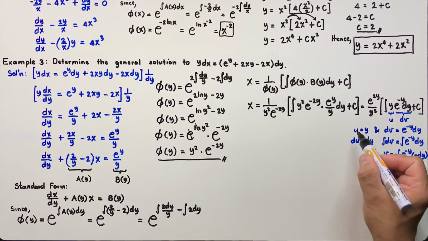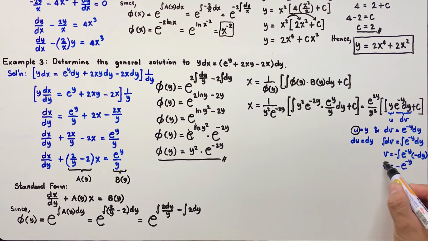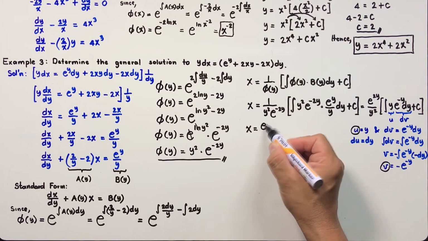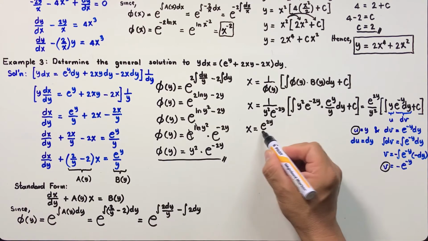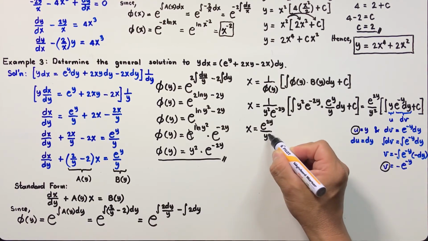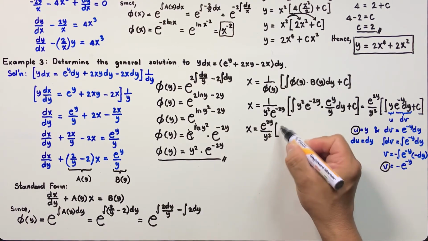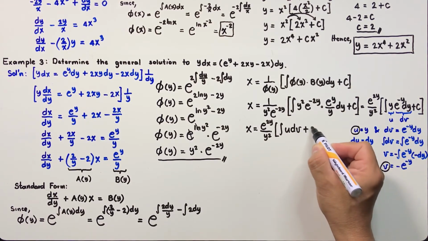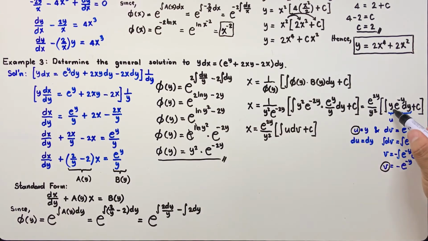So substituting our u and v into our integrand, we have x, which is equal to e to the power 2y over y squared times the integral of u dv. Instead of writing y, I will write u, and instead of writing e to the power negative y dy, I will write dv, because that is our representation here.